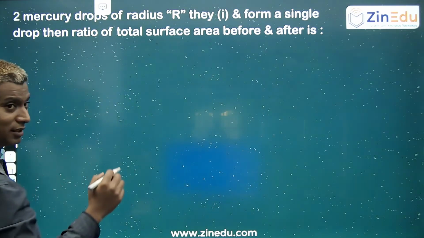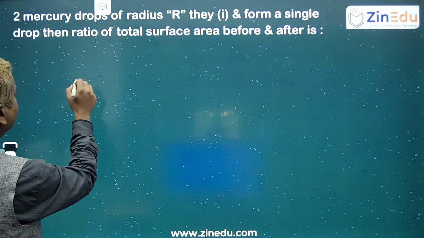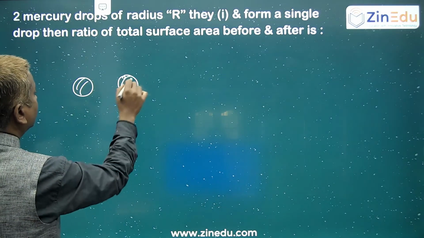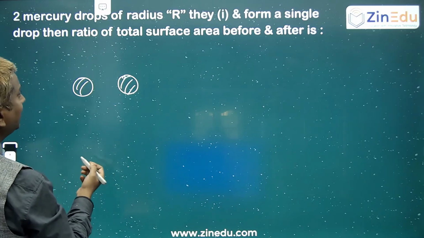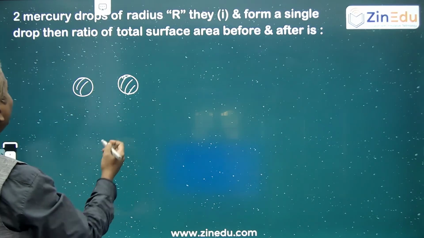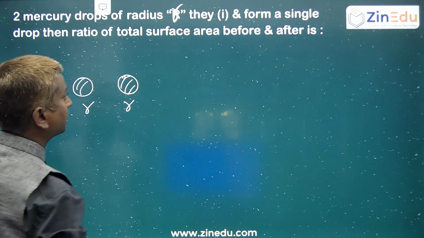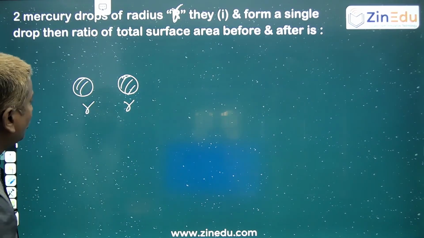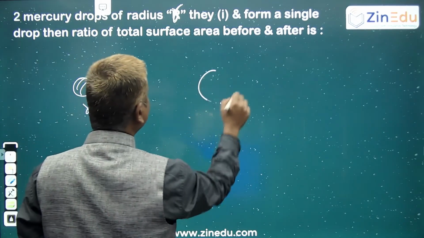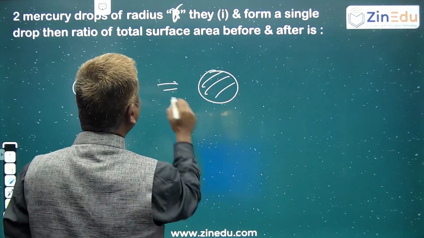There are two identical drops, each having radius small r. These two are combining to form a bigger drop, whose radius is capital R.